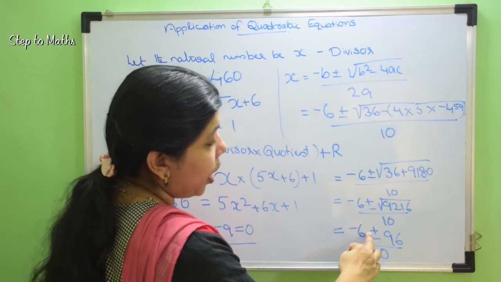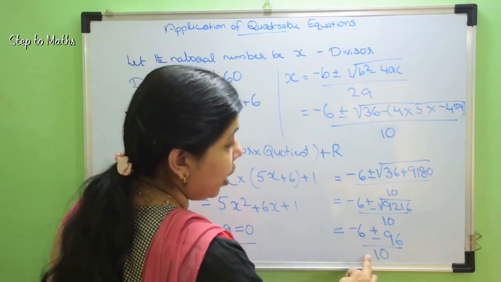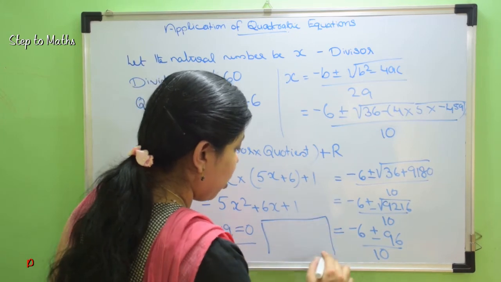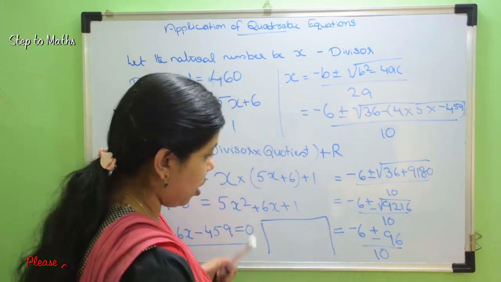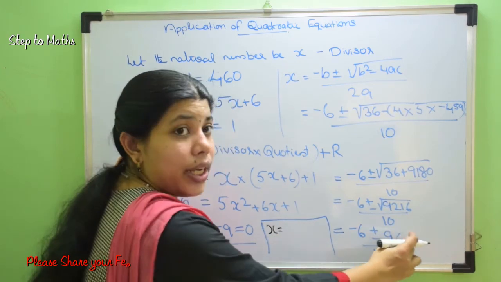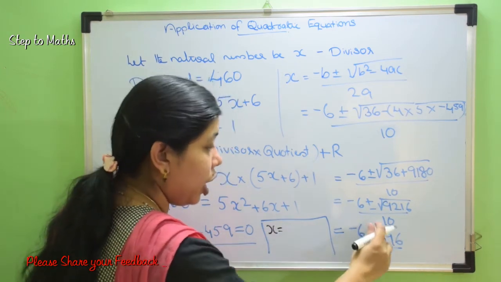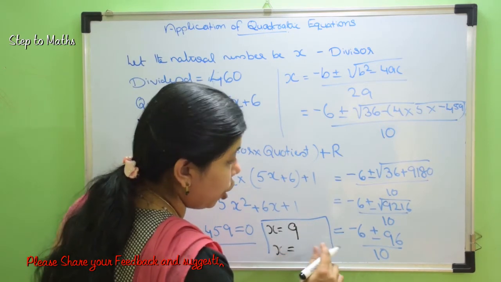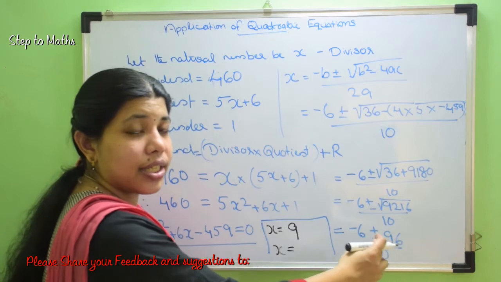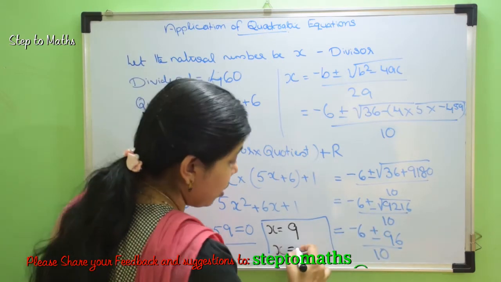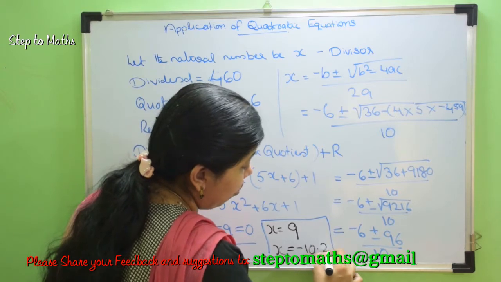Minus 6 plus 96 by 10, so the value of x is equal to minus 6 plus 96, that is 90, 90 by 10 is 9. And the value of x is equal to minus 6 minus 96, that is minus 102 by 10, which is minus 10.2.